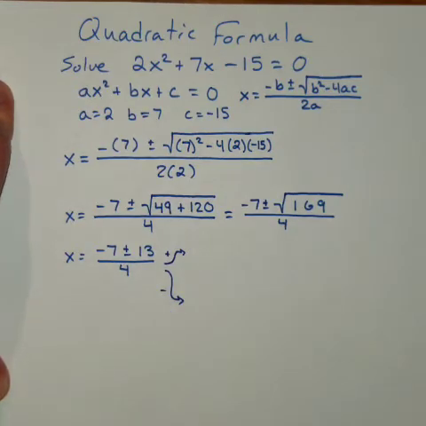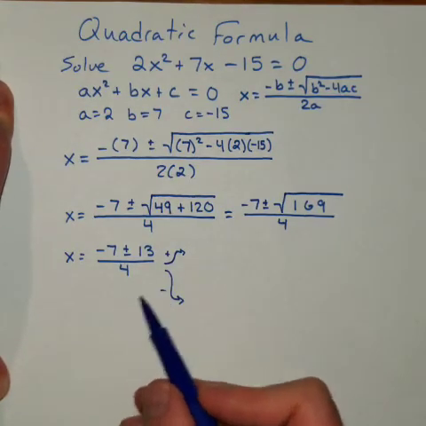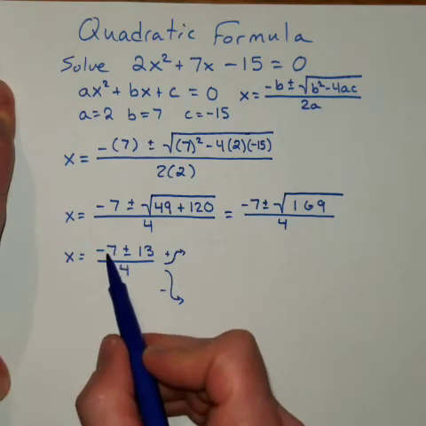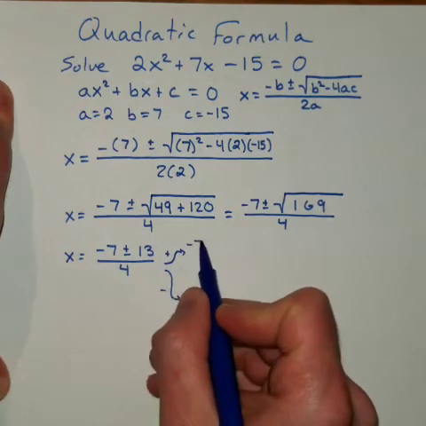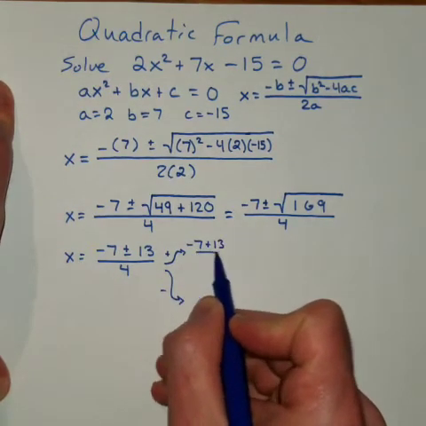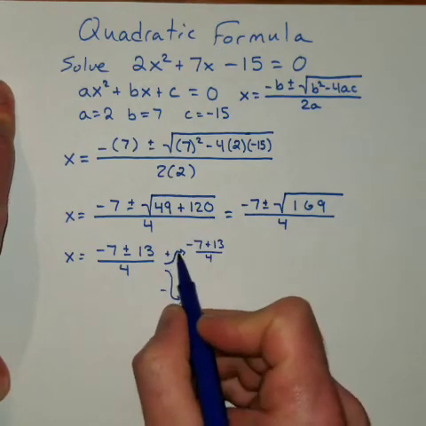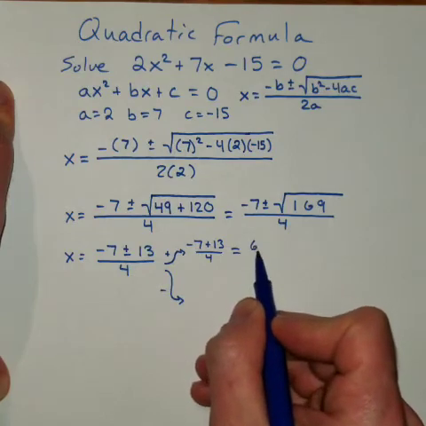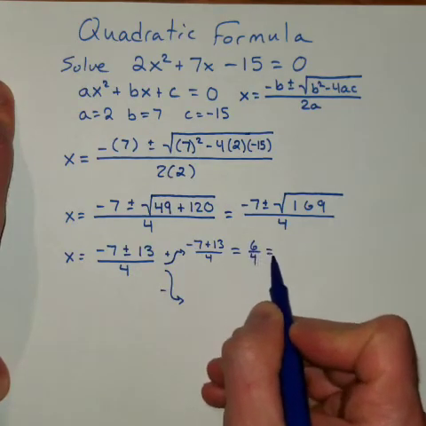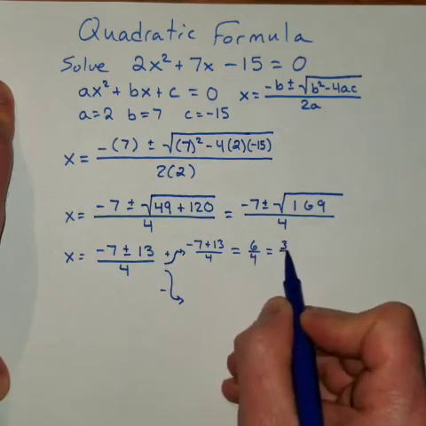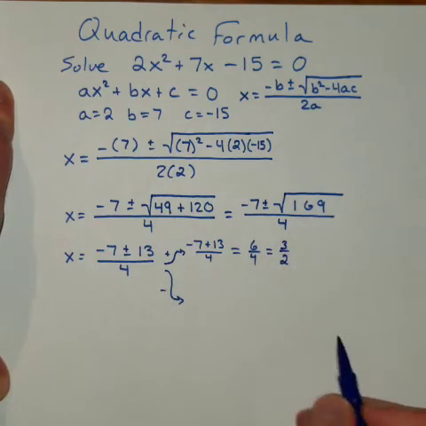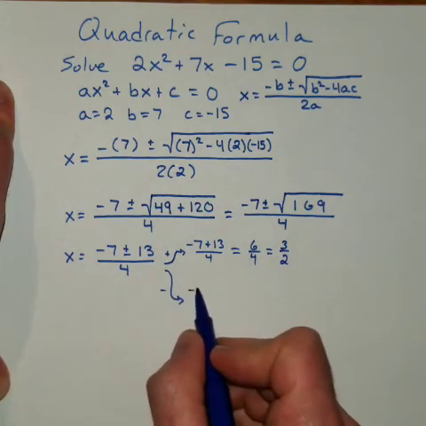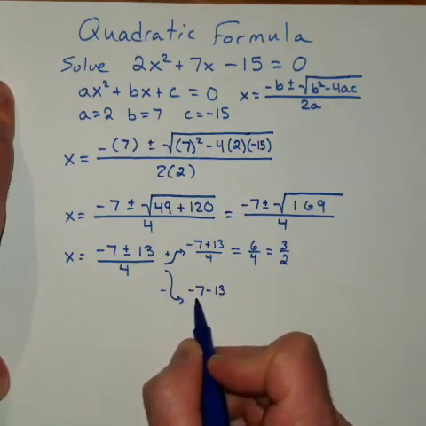Now I'm leaving myself a little space here because there's a fraction involved and quite a bit left to do. So let's do the plus. It's negative 7 plus 13 all over 4. If I follow that through to the end, negative 7 plus 13 is 6. Divide that by 4, it reduces to 3/2. If I use the minus, I get negative 7 minus 13 all over 4.